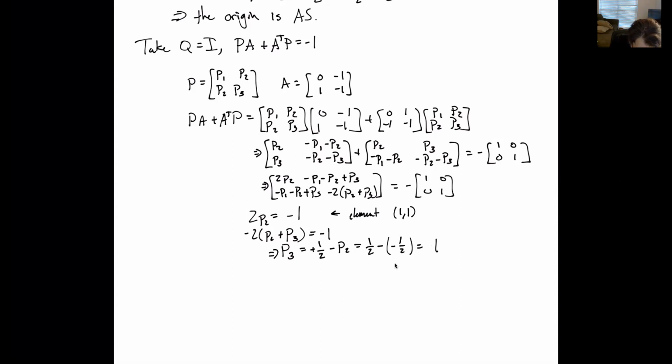Great. All right, and then the last equation that we need to solve for is from element 1, 2 or 2, 1: negative p1 minus p2 plus p3 is equal to 0. They're the same, as they should be the same.